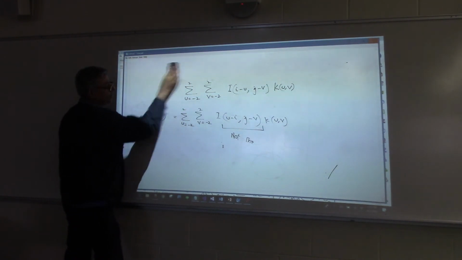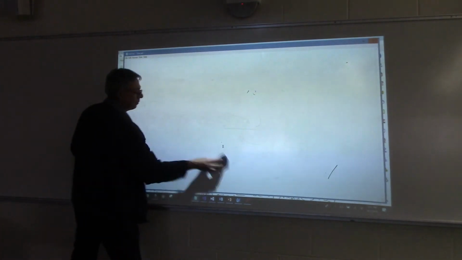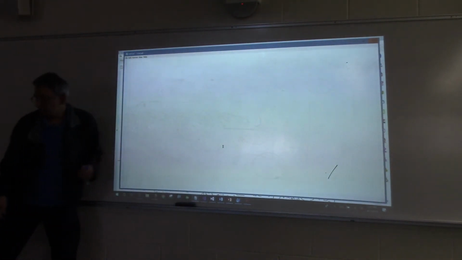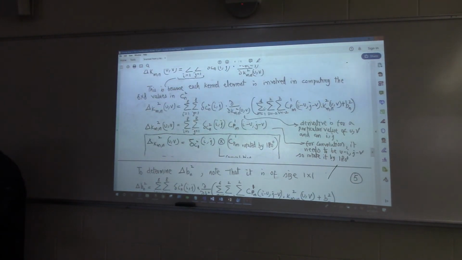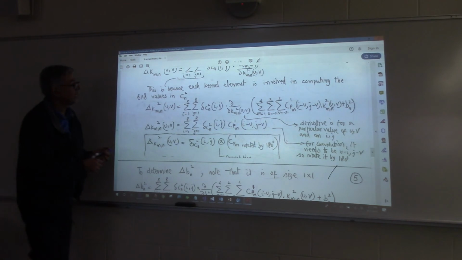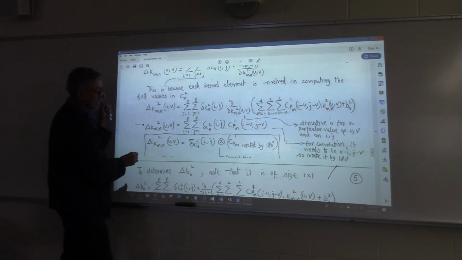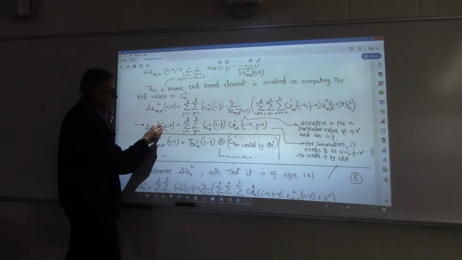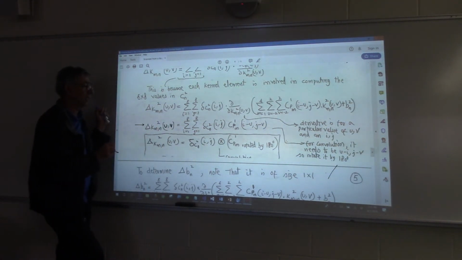Now let me show you why it's not a convolution. Take a look at this equation over here. What are our variables in our result?